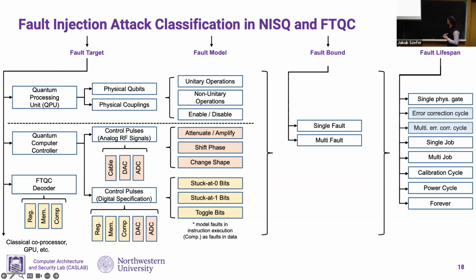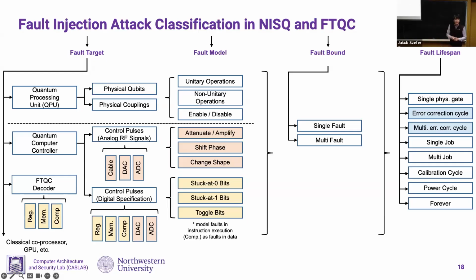And then in terms of the lifespan, now you have a new unit of time, which is the error correction cycle. So you could fault just one gate, or you could fault during the whole error correction cycle or multiple error correction cycles. So in FTQC, you have a new type of unit for the lifespan.